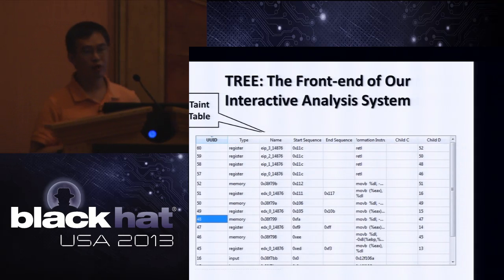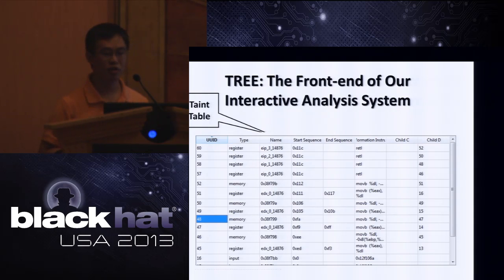And the taint also can be represented in a tabular format, where we have more added information, such as the starting sequence, the sequence when this dot gets tainted or created. What's the sequence when it happened in the original trace? And some taints might be gone, cleaned up or killed.